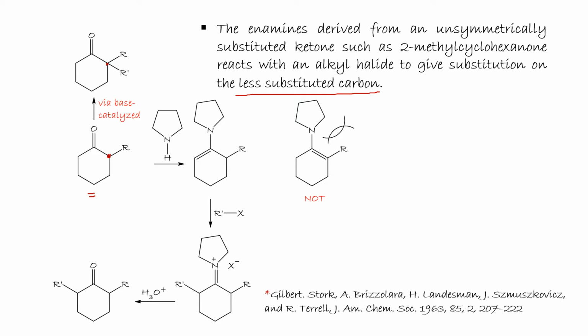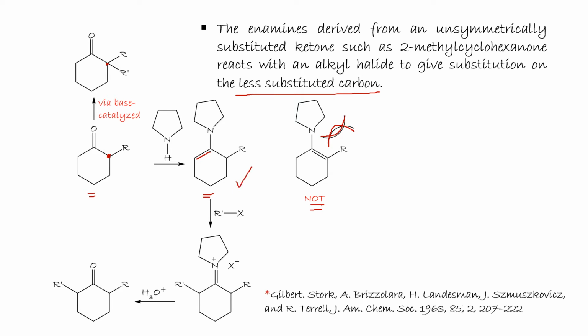Now if we use the enamine, we will form this isomer over this one, because in this one we will have a steric effect, so it will not be energetically favored, and the product will be that one.